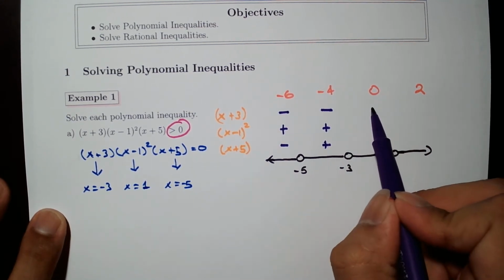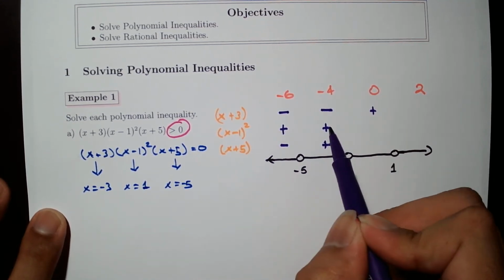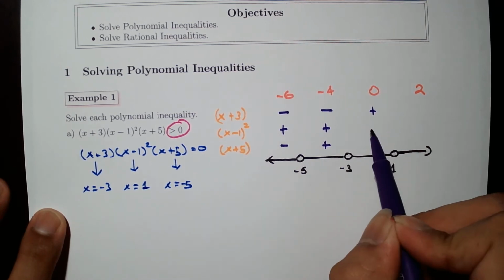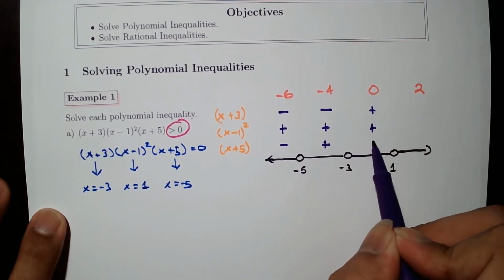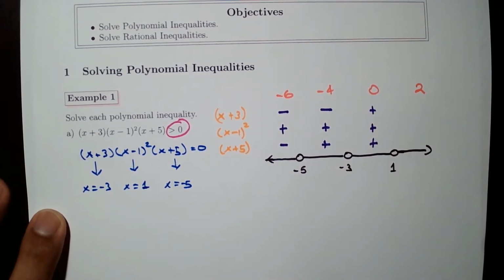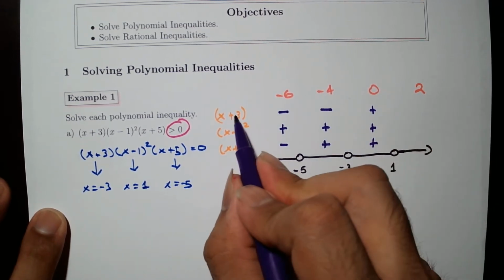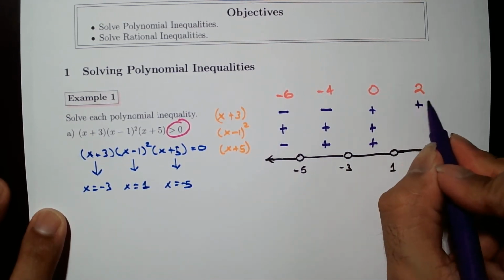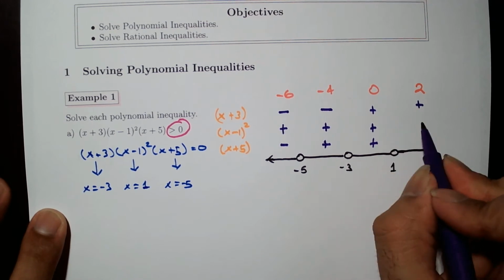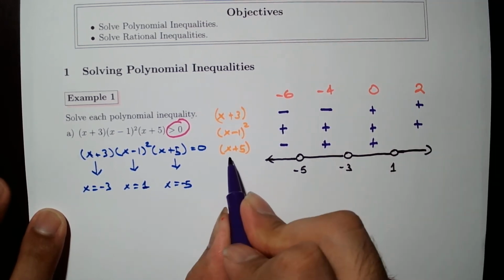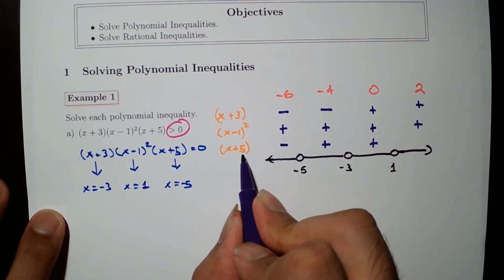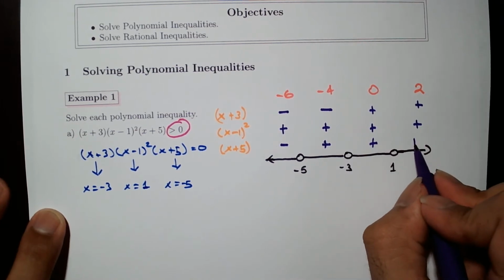0 plus 3 is positive. 0 minus 1 is negative 1, but squared becomes positive. 0 plus 5 is positive. 2 plus 3 equals positive 5. 2 minus 1 is 1, and squared is positive. And 2 plus 5 is 7, which is positive.